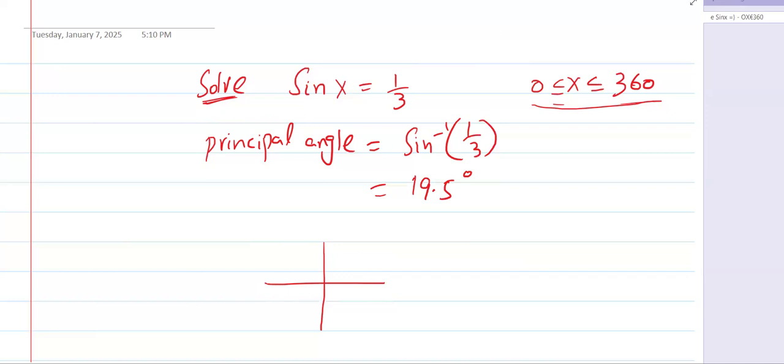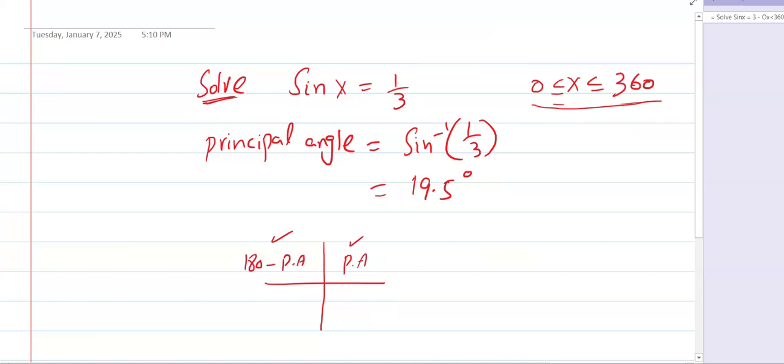First and second. Very good. Because sine is positive, it is here and here. Now, what is the way of writing here? The way of writing here is just principal angle, and the way of writing here is 180 minus principal angle.